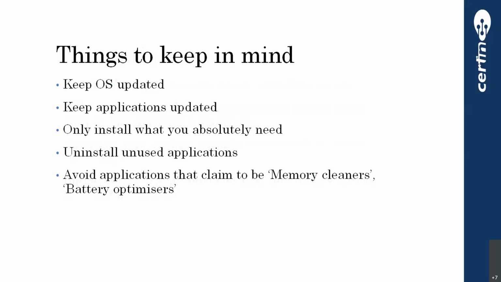But on the Android side, there is a lot of fragmentation, and most of the OEMs take a long time to push security updates onto the devices. So there is nothing much that you can do about it other than going for mobile devices from OEMs that are more regular when it comes to supplying security updates to the software.